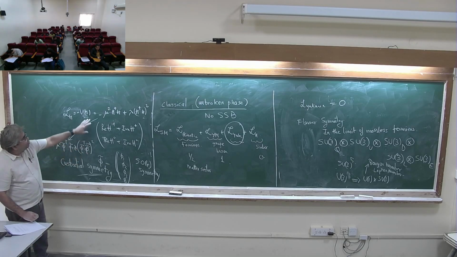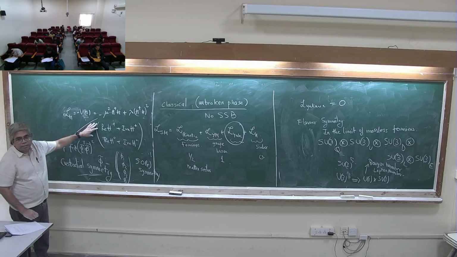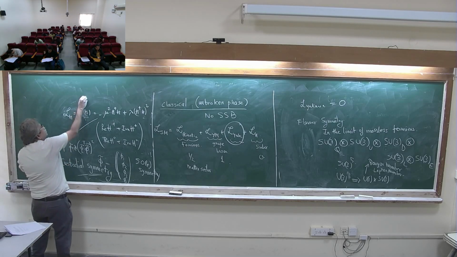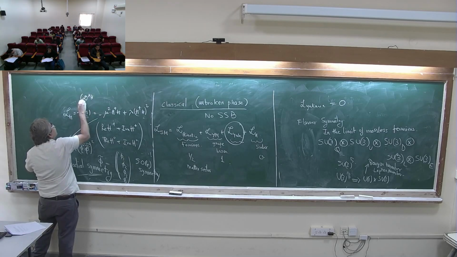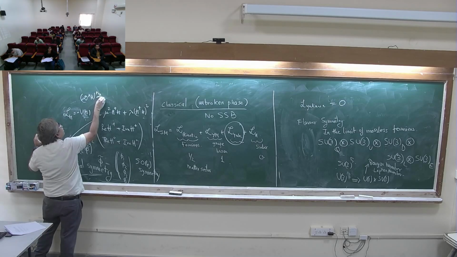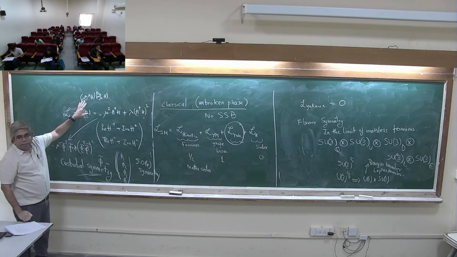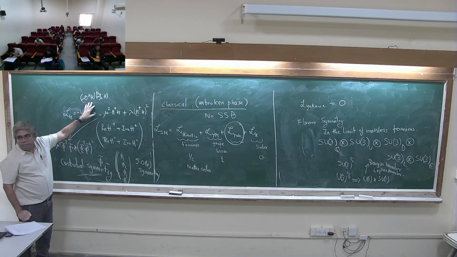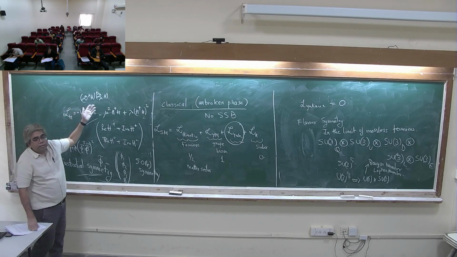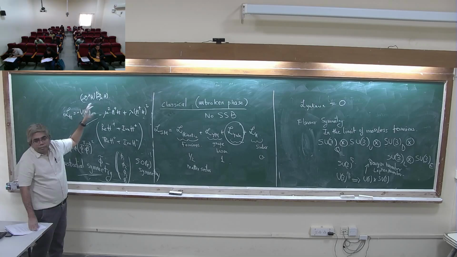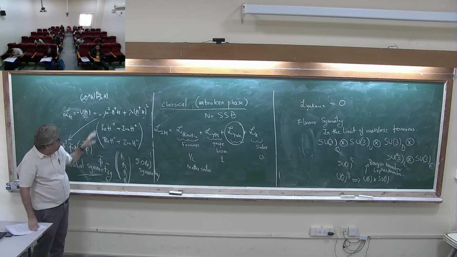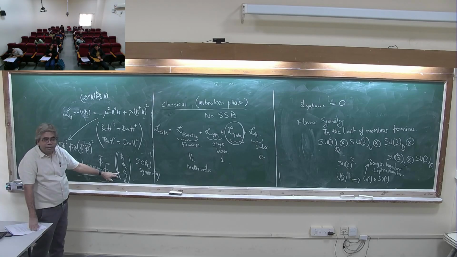Now you can ask the question: what happens if I add the kinetic terms of the Higgs sector? Even then this is preserved in a very nice fashion. So this custodial symmetry conserves. It's very important that it protects all the radiative corrections to the standard model gauge bosons. Because remember, three of them will go to be the Goldstone bosons.